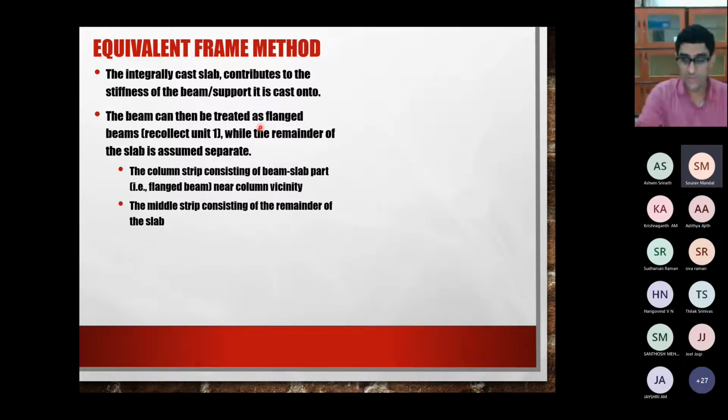If we assume that a part of the slab is also contributing to the moment resistance of the beam, then we take a certain width of the slab as the flange of the beam and design it to get a greater moment resistance. It's the same principle which the equivalent frame method also uses. So basically, the beam plus a part of the slab will be treated as a flanged beam, and the rest of the slab will be designed separately.